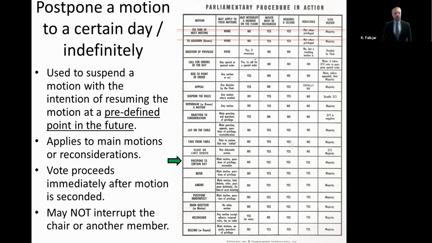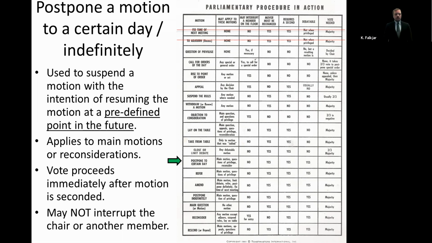Here, postpone to either a certain day or indefinitely. I'll cover these together as they're reasonably similar. Instead of tabling a motion, this is the motion you would use if you want to resume it at a predefined meeting or point in the future.